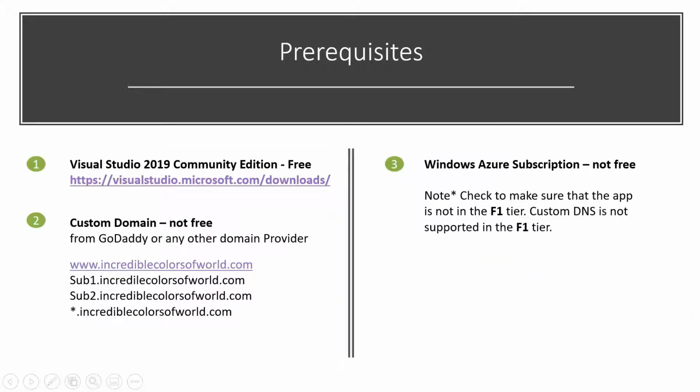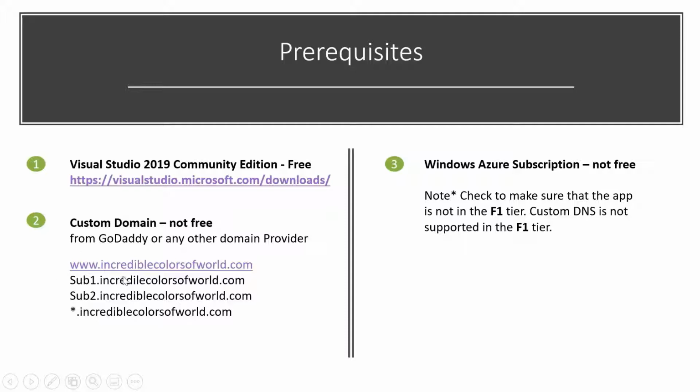These are the prerequisites to perform this lab. Here we need Visual Studio 2019 Community Edition, which is free and available on this URL. You can go and download it from this URL and then install it. The second thing will be a custom domain, which is not free. You have to purchase it from GoDaddy or any other domain provider.